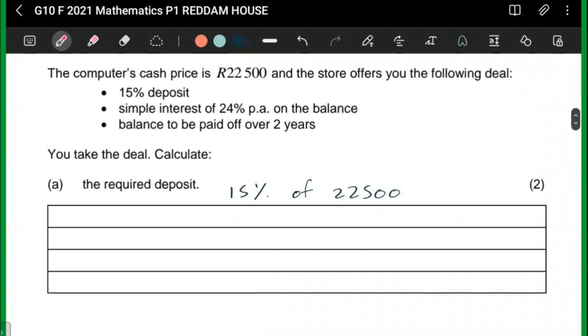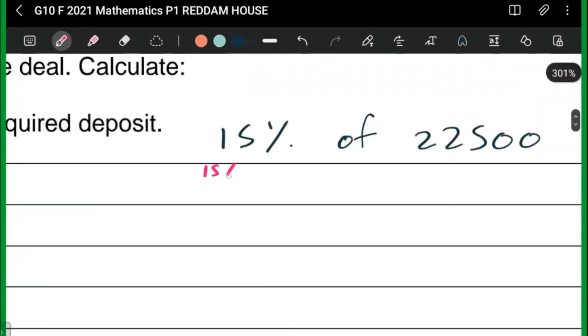So here you can say this is 15 over 100. Of means times. Then you have 22,500 here. In our calculator, this is just going to give us 3,375.